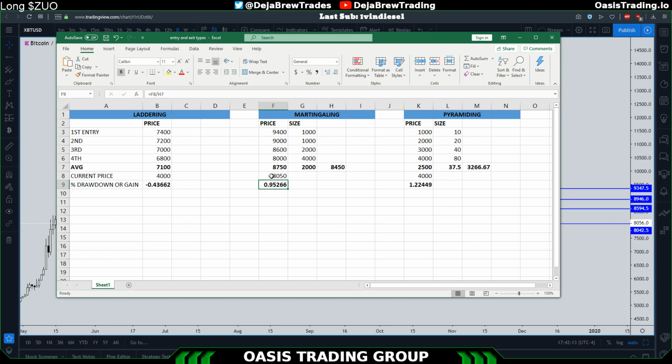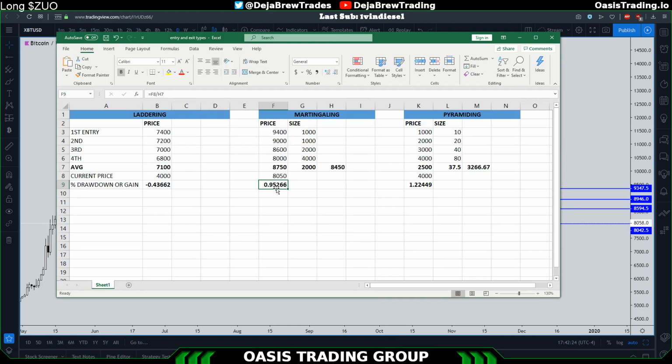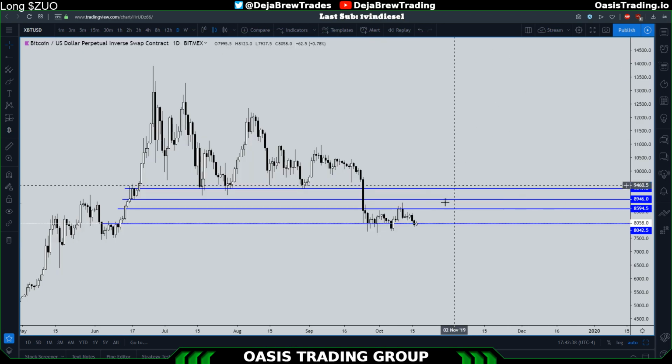The current price is 8,000. Let's take 84.50 down to 8,000. And our drawdown, as we can see here, is about 5%. So we have a drawdown of 5% of whatever our total size is. Our total size is 1,000, 2,000, 4,000, 8,000. So we have a 5% drawdown of 8,000 contracts.